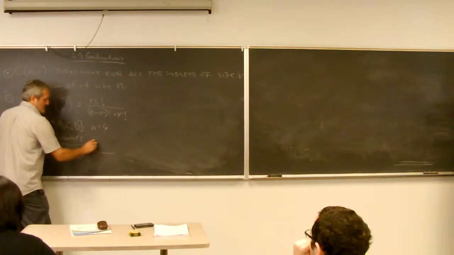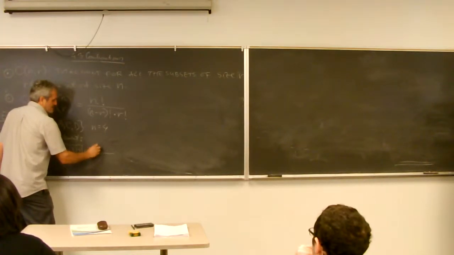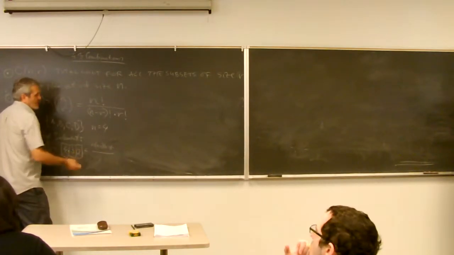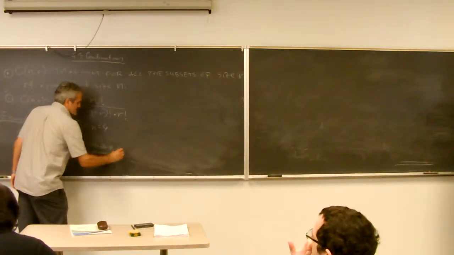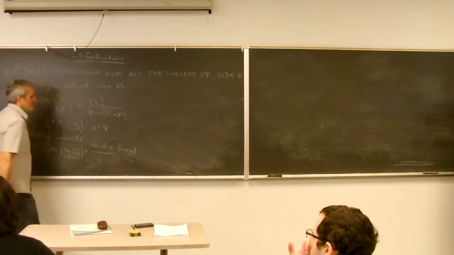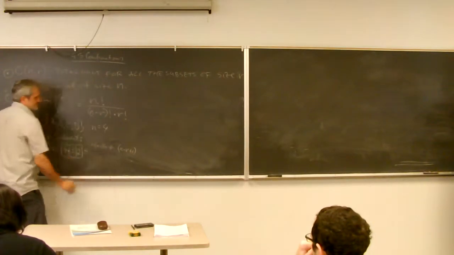The formula says what? You just go n times n minus 1, n minus 2, until you cover r of them, which is what? N minus r plus 1. From here to here, there are exactly r members.